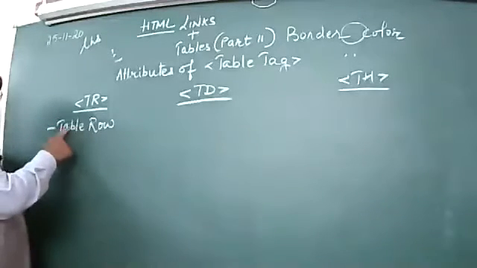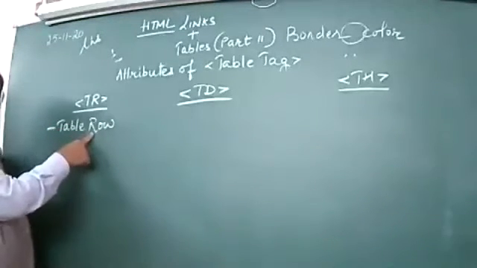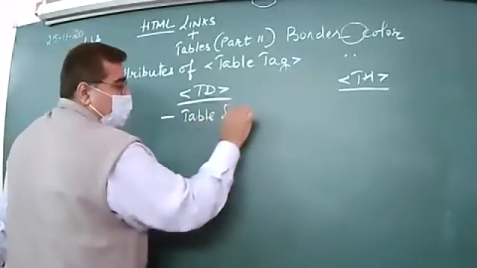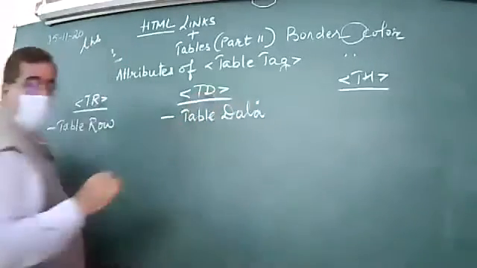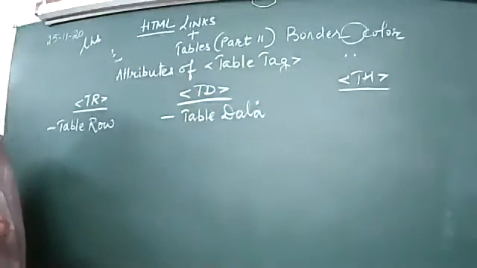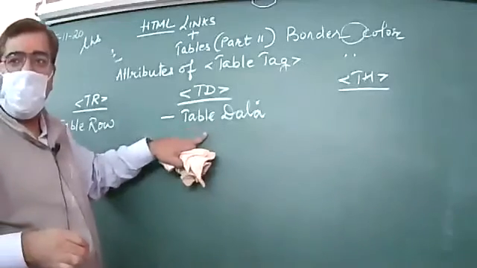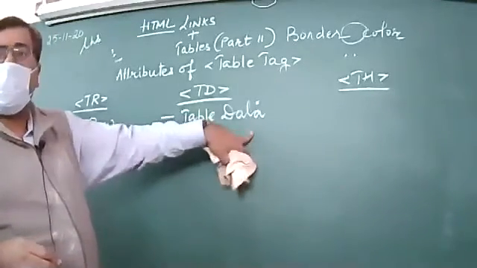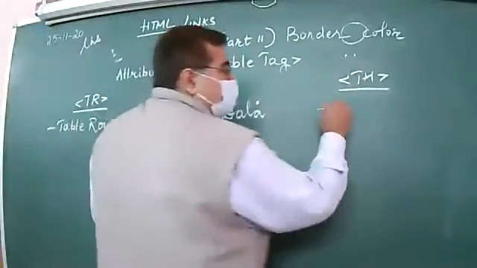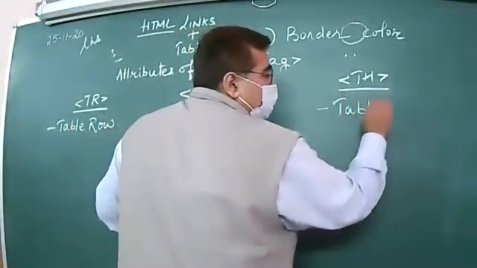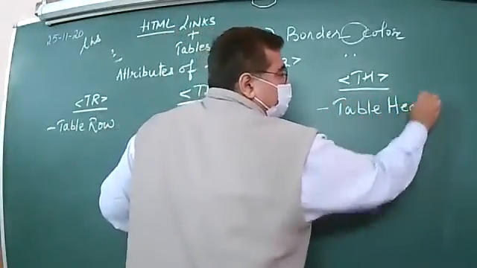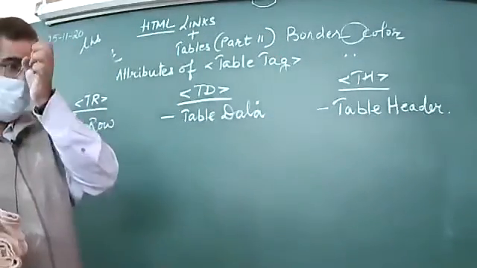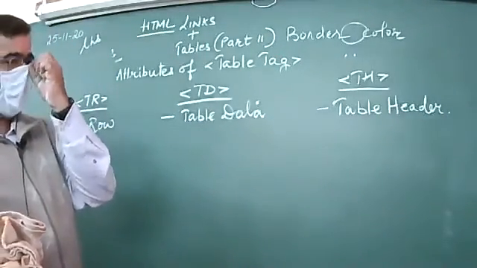It is used to create rows in the table. TD stands for table data. It is used to create data cells in the table, or it is used to insert data in the cell of the table. TH, table header. It is used to create the header rows in the table.